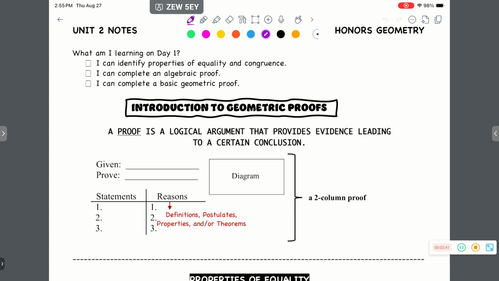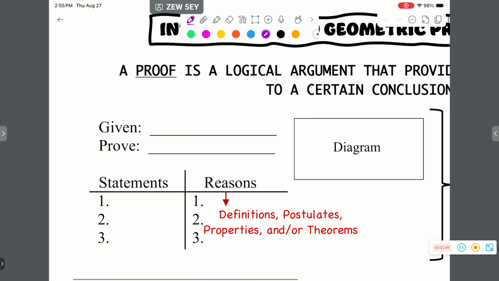I promise. So the given statement is your first clue because you have to have somewhere to start. So it's like your first little breadcrumb, your first little hint that tells you where to start the problem from. Okay.